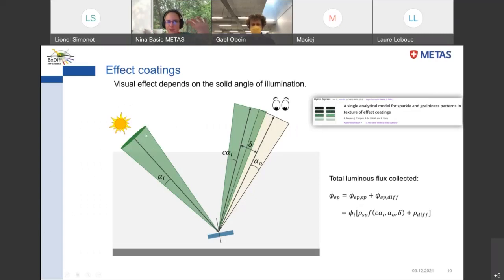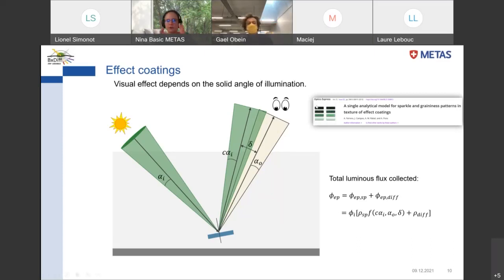So it has its own solid angle, and it's coming in on the effect pigments. And then because it's specularly reflected, it goes out in more or less the same solid angle. And this is the green part. And where we're looking at, it has a different solid angle. So we have this alpha 0.